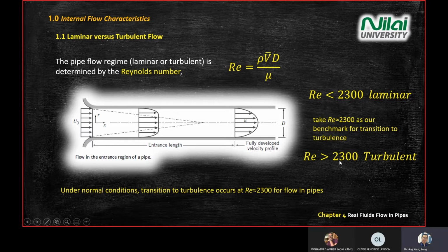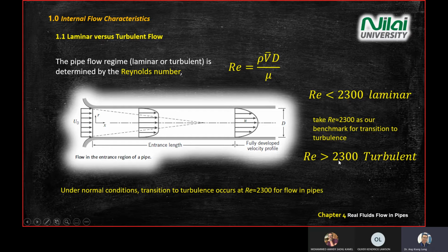Actually, it's not quite that. Normally we will take about 4,000 to become turbulent. So maybe you just mark that we use 2300 as a transition point.